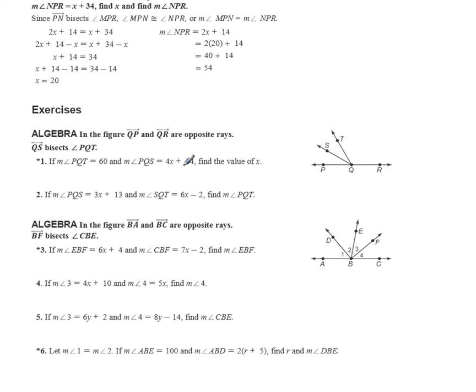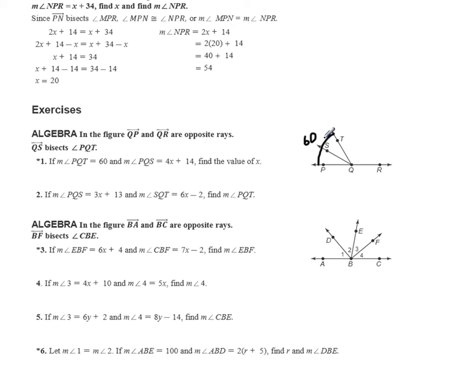Okay, number 1 on the back. It says if the measure of angle PQT is 60, and PQS, this little piece, is 4x plus 14, find the value of x.